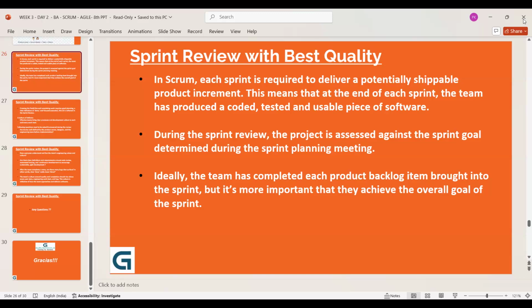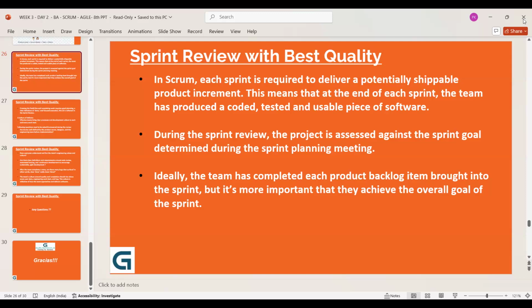So what are we saying? Ideally means in a typical idealistic scenario, all the backlog items that we had planned during the sprint planning meeting should be brought into the sprint, meaning should be completed in the sprint. But there is a but to it.